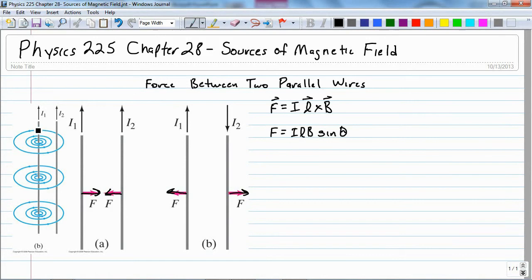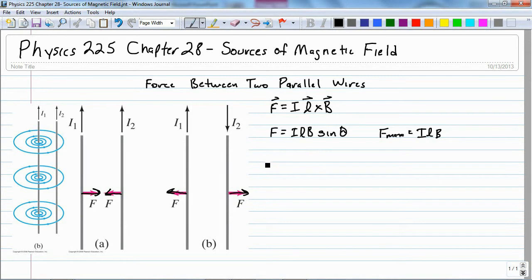But in this case, the sine is always going to be 90 because the current and the magnetic field are always going to be perpendicular. So this will be F max. So our F max is going to be current times length times magnetic field.